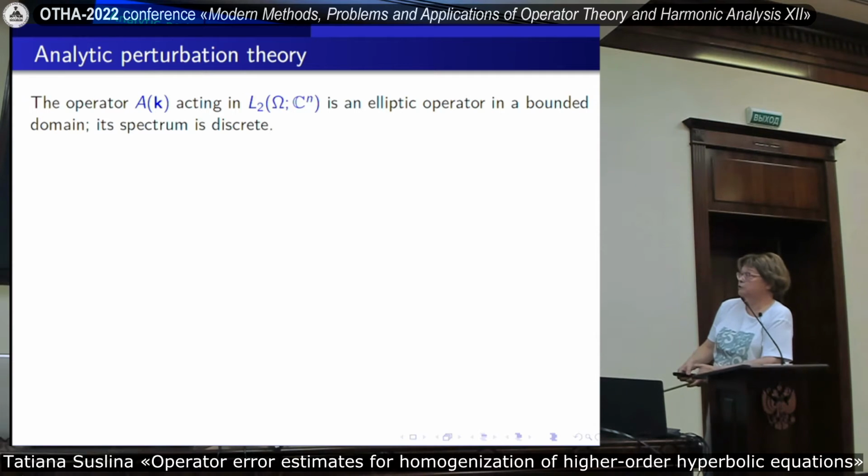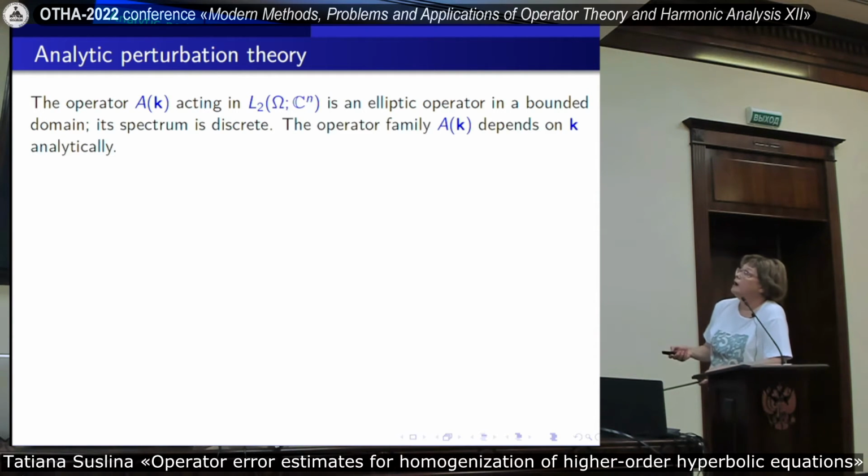And the main part of the study is the study of the operator family A of k by means of the analytic perturbation theory. A of k is an elliptic operator in a bounded domain. So it has discrete spectrum. Its resolvent is compact. And it depends on k analytically. We can apply analytic perturbation theory.